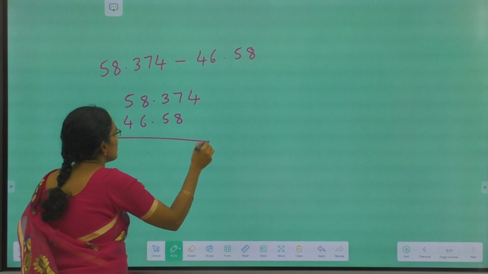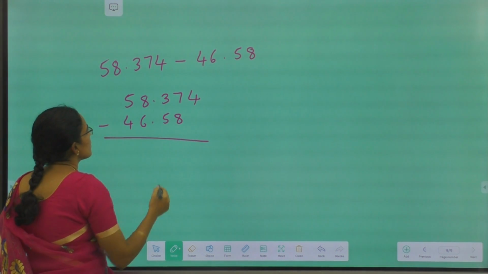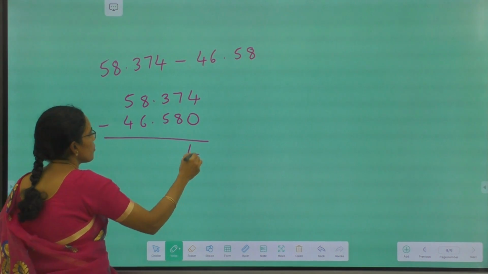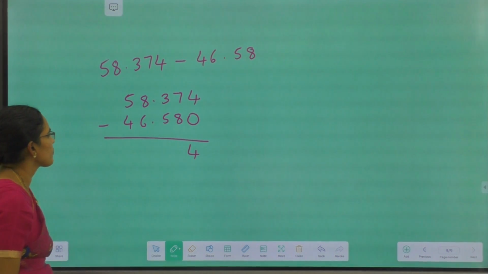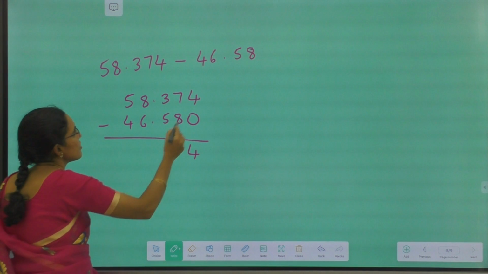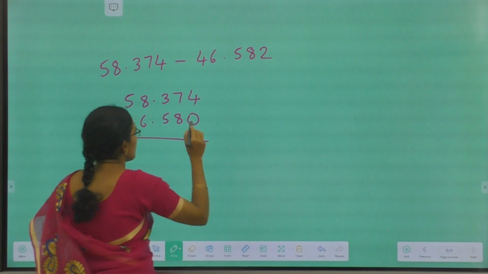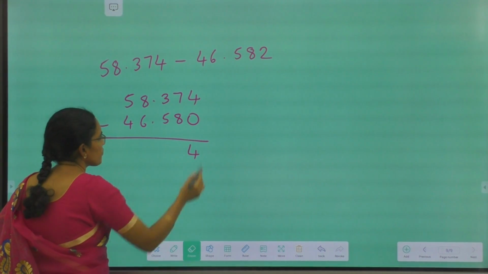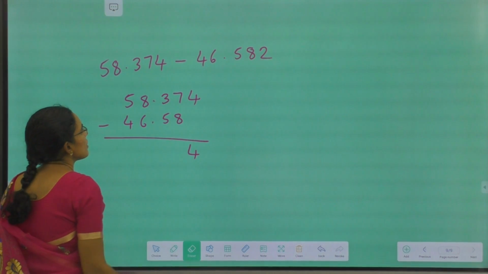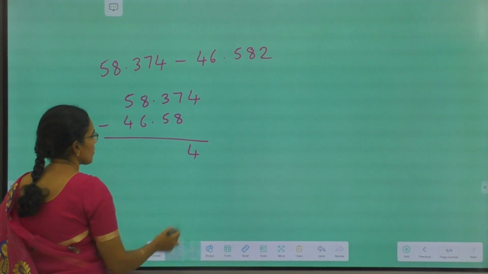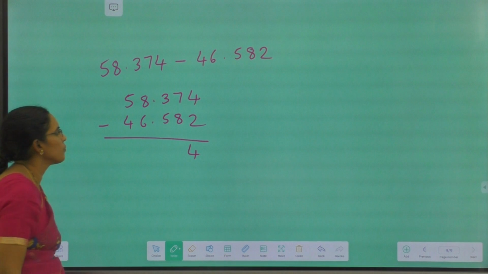As I said already, don't go directly. Here it is 4 only. 4 minus 0, 4. If it is any other digit, for example, if 582 is there, and you don't write this 0, then 582.